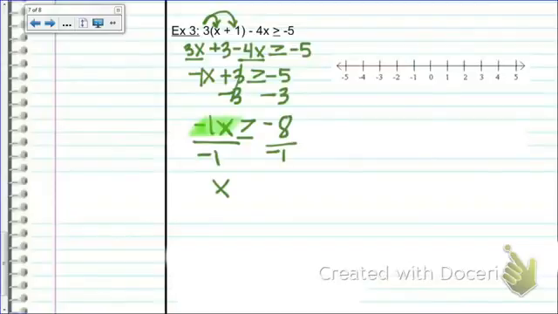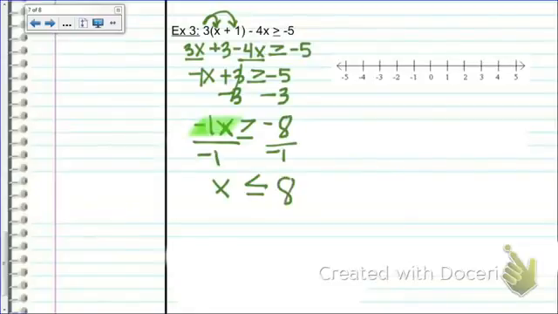So this is how the top part is reading. The opposite of x is greater than or equal to the opposite of 8. What's the opposite of negative x? Positive x. What's the opposite of greater than or equal to? Less than or equal to. And what's the opposite of negative 8?